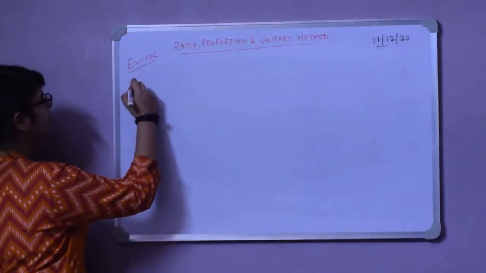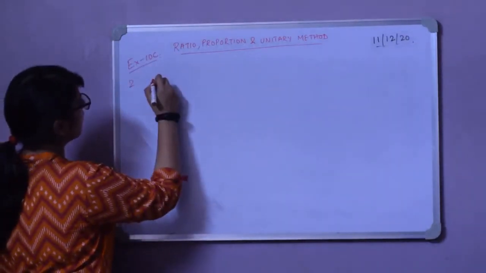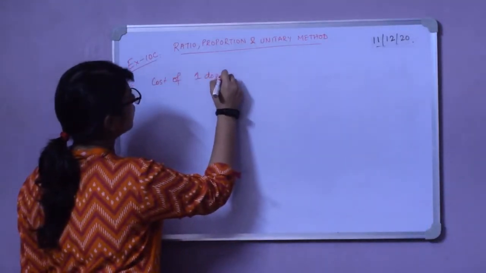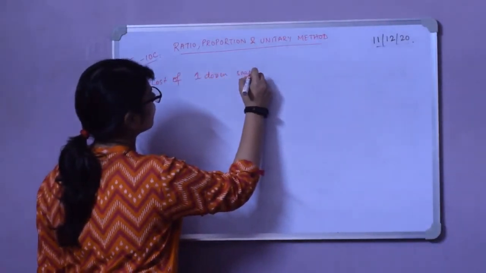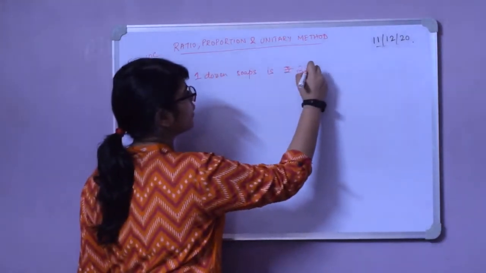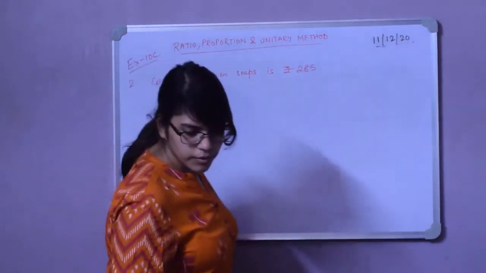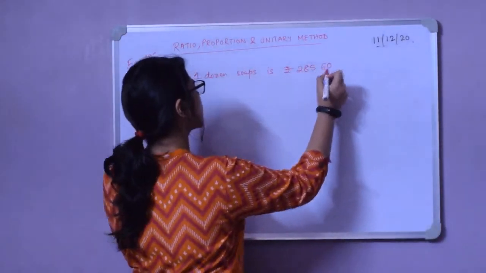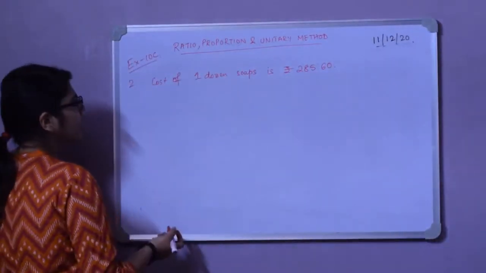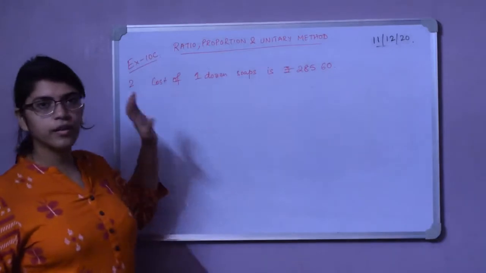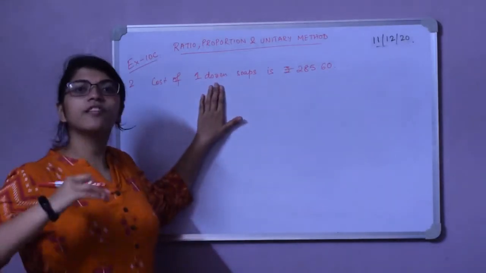So we can write the statement like this: cost of 1 dozen soaps is rupees 285.60. Now we have to find the cost of 15. For that, first we need to find out what is given. 1 dozen, that means 12, right?